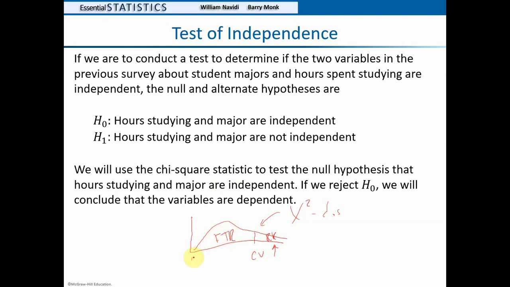Fail to reject starts at 0 and goes on out. So if the difference between the observed and the expected gets further and further away, we're going to go into this rejection region. And what are we rejecting? H0. So if we reject H0, if we reject this being independent, then we conclude that they are not independent, or dependent. Okay, that's the rejection.